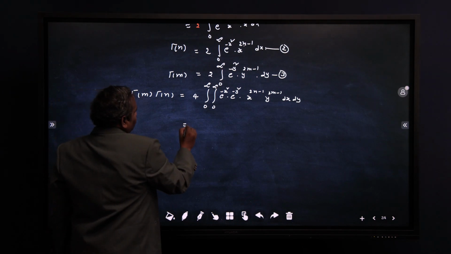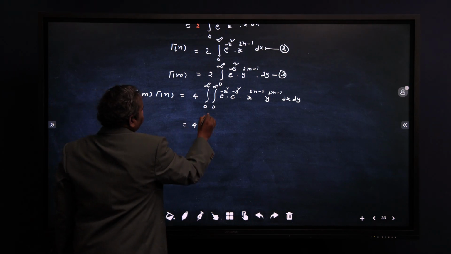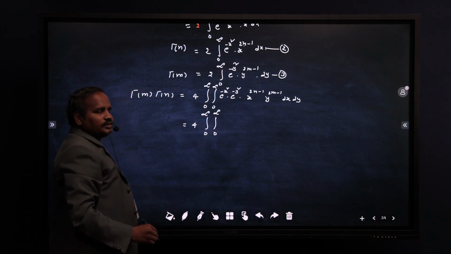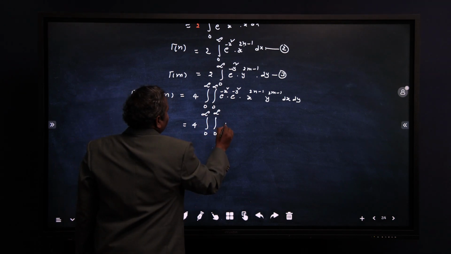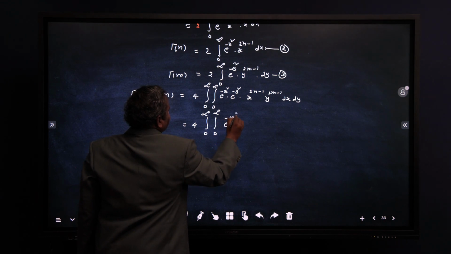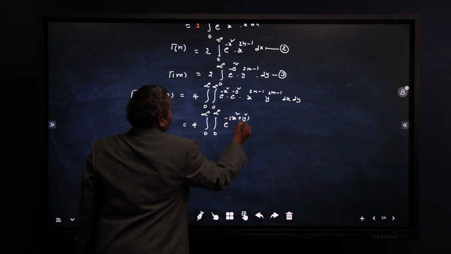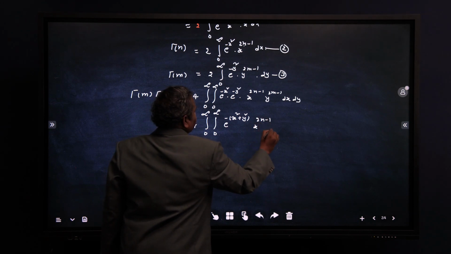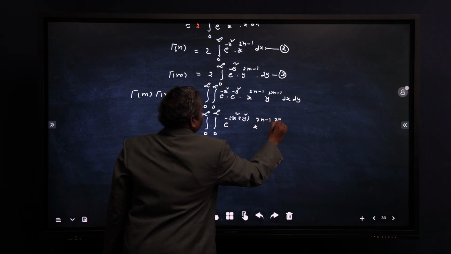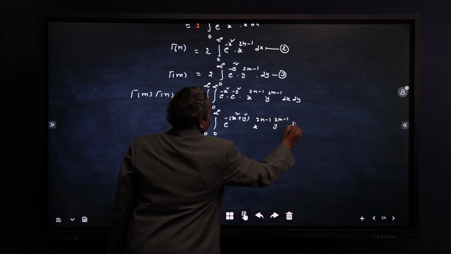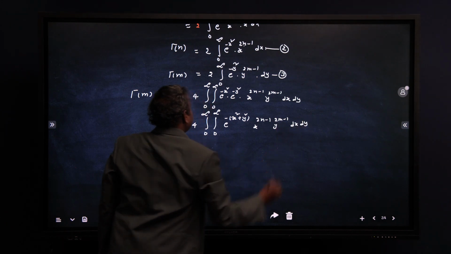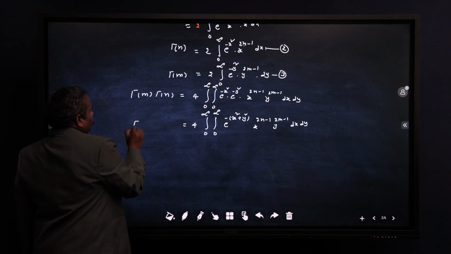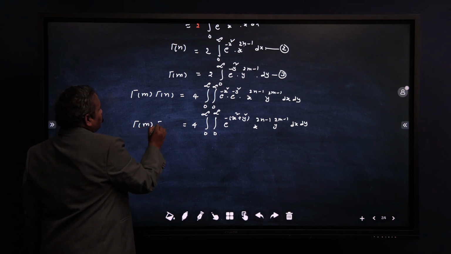This is equal to 4 into integral 0 to infinity, 0 to infinity. The bases are equal, so the powers should be added: e power minus (x square plus y square), x power 2n minus 1, y power 2m minus 1 dx dy. This is gamma of m into gamma of n.